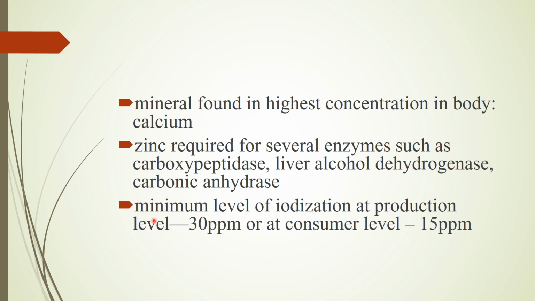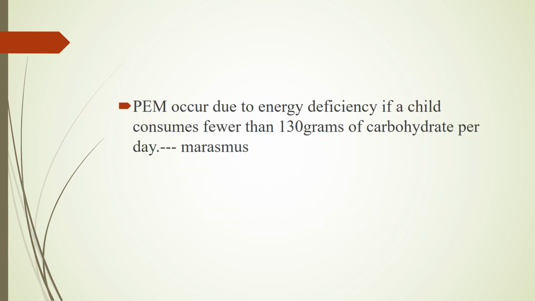We have already seen that the minimum level of iodization at production level is 30 parts per million, or at consumer level is 15 parts per million. Protein energy malnutrition occurs due to energy deficiency if a child consumes fewer than 130 grams of carbohydrate per day, which leads to a condition called marasmus.